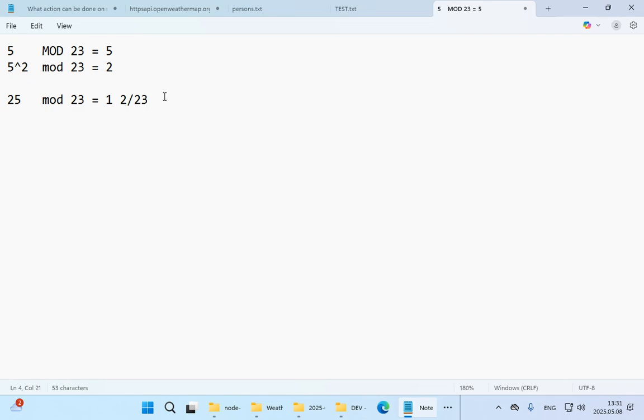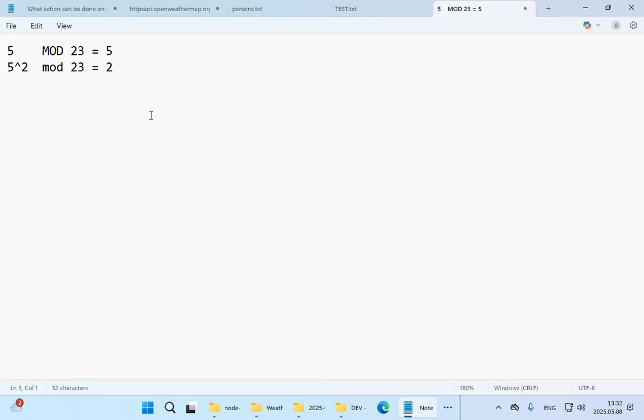So 2 is the remainder. 25 divided by 23 is 1 plus 2 over 23. Okay, so this is clear why you have 2.